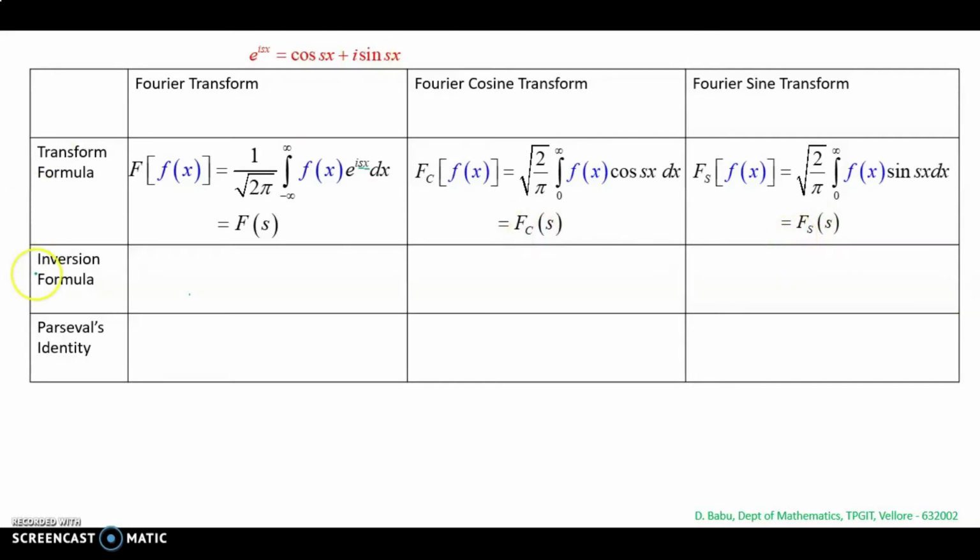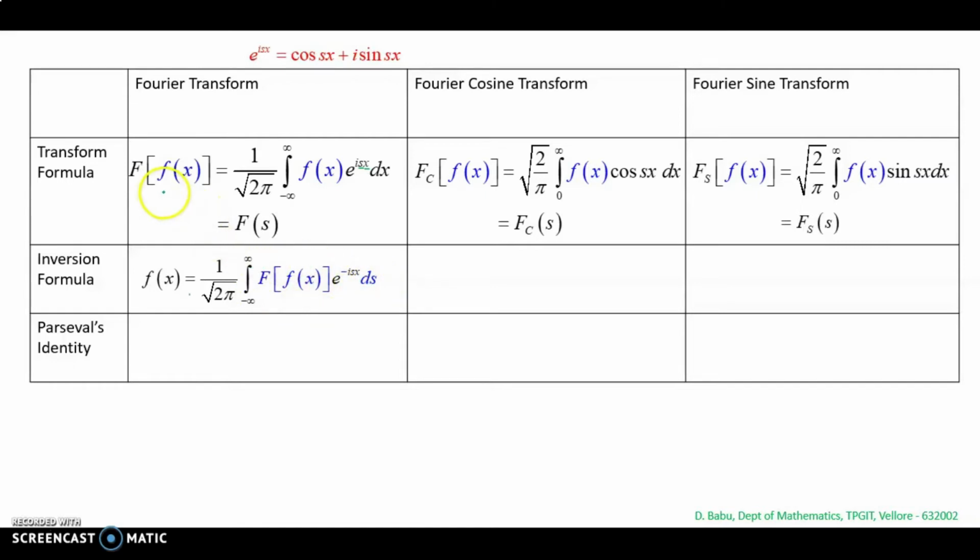Next, the inversion formula. The inversion formula is nothing but, for a given Fourier of f of x, we can find f of x. That is called the inversion formula. So the inversion formula is f of x equal to 1 divided by square root of 2 pi, integration minus infinity to plus infinity, Fourier of f of x e power minus isx into ds.